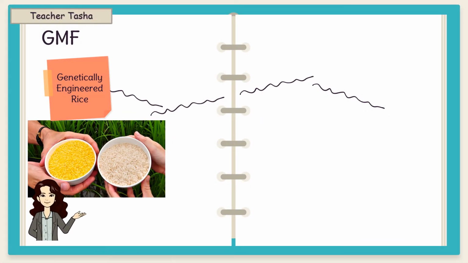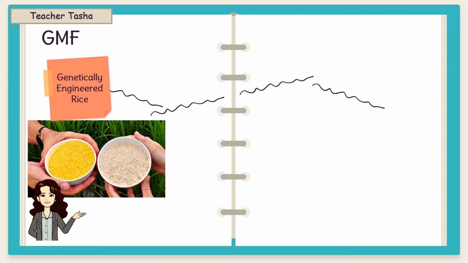So let's look at one by one a few examples that we have here. The first one is genetically engineered rice, or we call it golden rice. Okay, it has additional vitamins in it. Genes from daffodils are inserted into this genetically modified rice to enable the rice to produce more beta carotene. Beta carotene is a little bit orange in color.